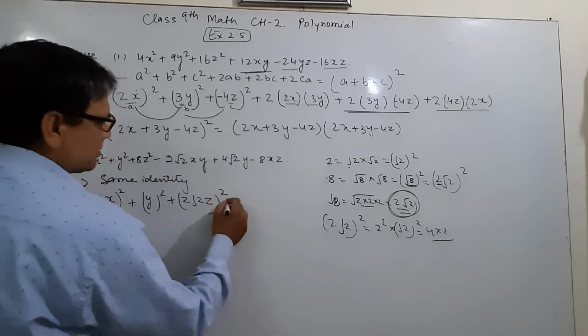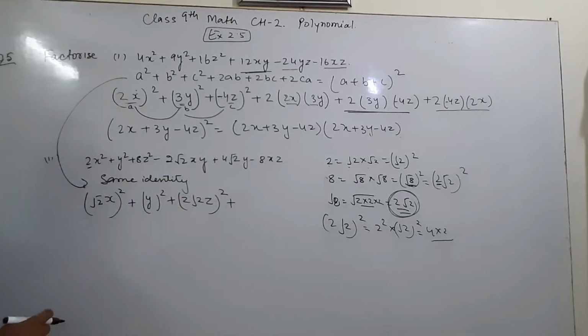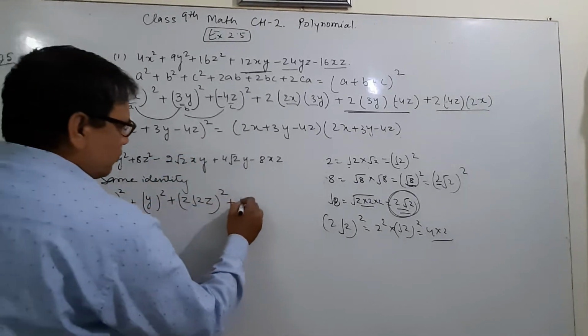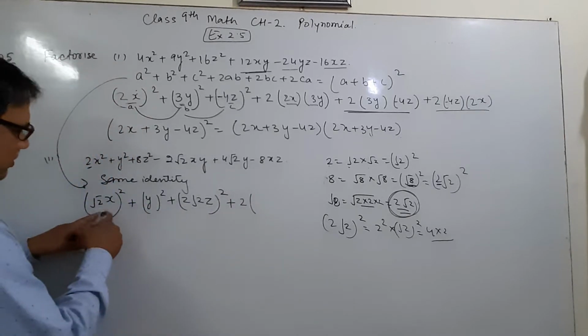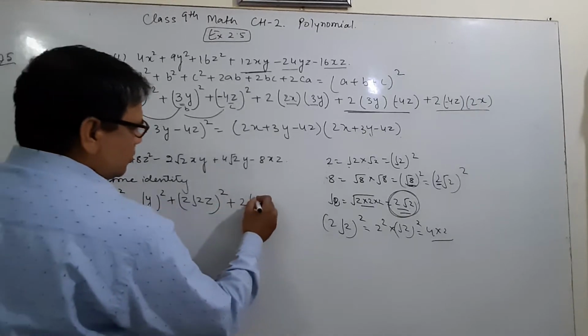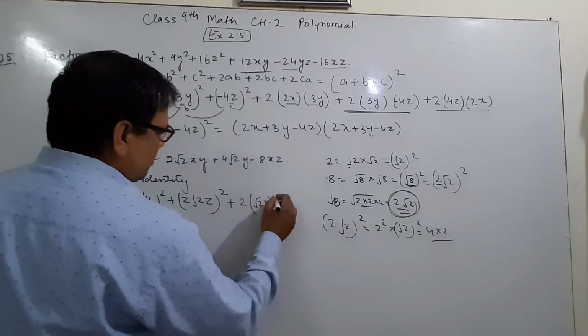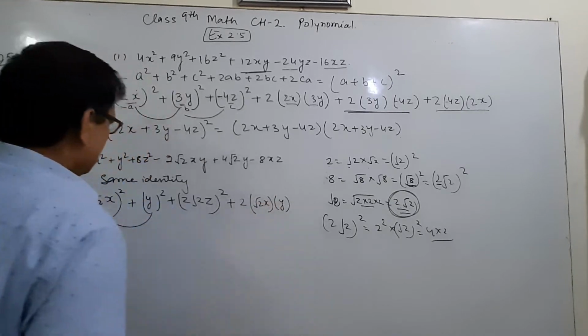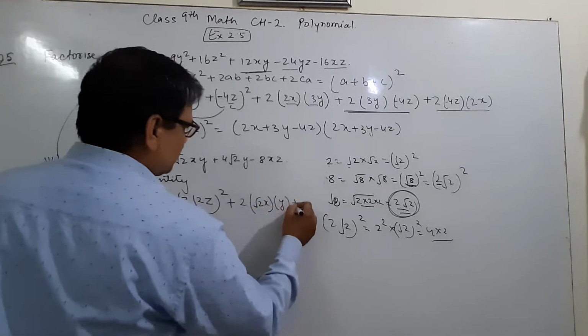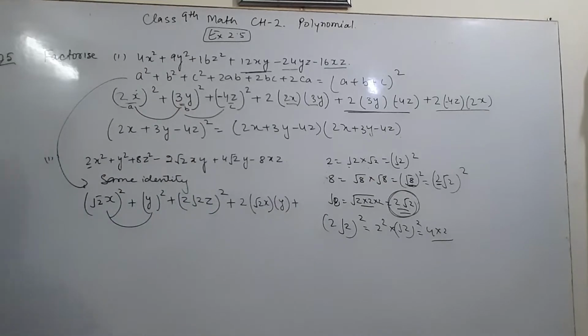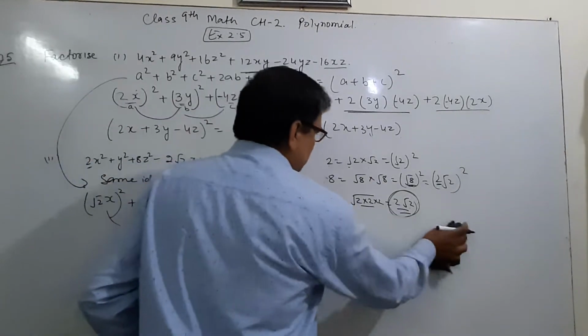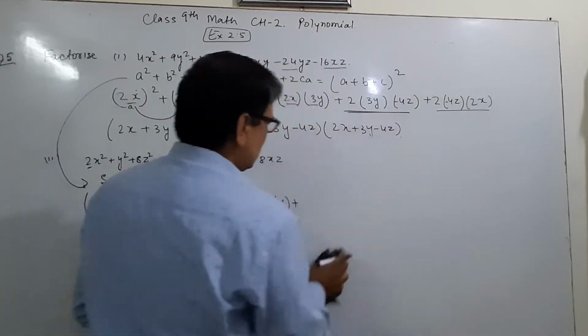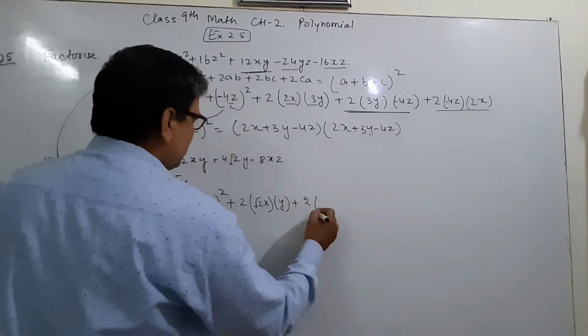And now plus, we will write plus 2ab. First we write 2a. What is a? A into b. A is root 2x and b is y. Then plus 2bc. What is b?